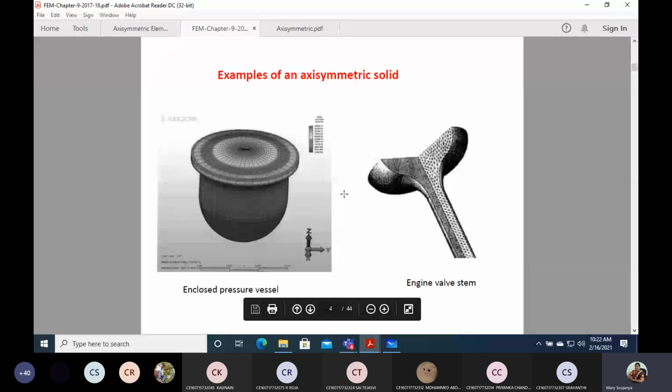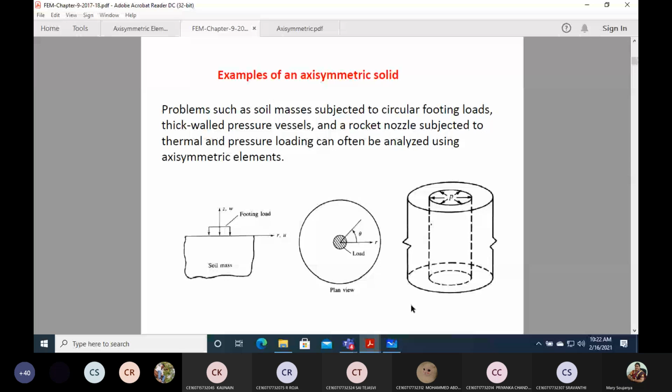These are some examples of axisymmetric solids. An axisymmetric element is a solid structure, that is, a 3D element. The x, y, z axes will be there, but because we consider it symmetric about the axis, we reduce it to a 2D element, in which, because it is independent of theta, we confine the whole analysis to r comma z only.